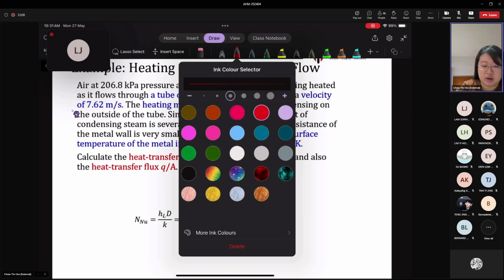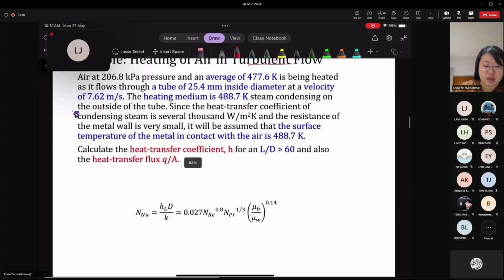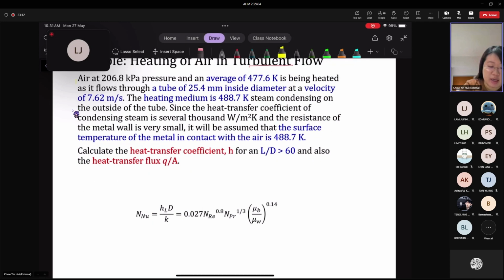Here we have air at 206.8 kilopascal pressure and an average temperature of 477.6 Kelvin being heated as it flows through a tube. The tube has an inside diameter of 25.4 mm, and the air is flowing at a velocity of 7.62 meters per second.